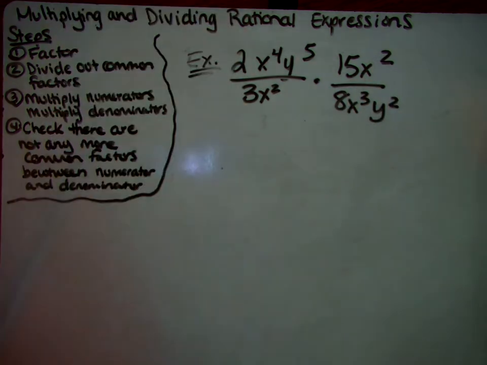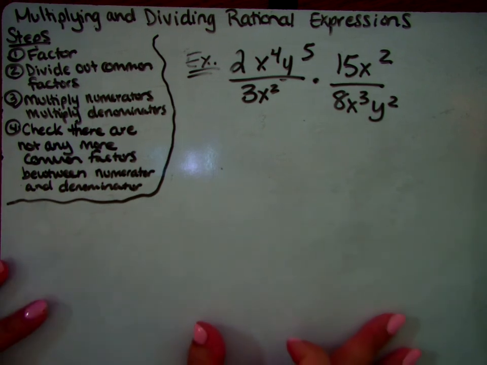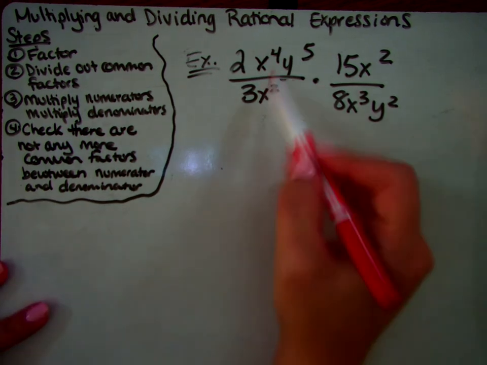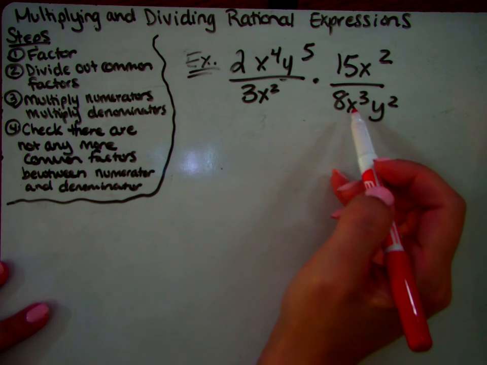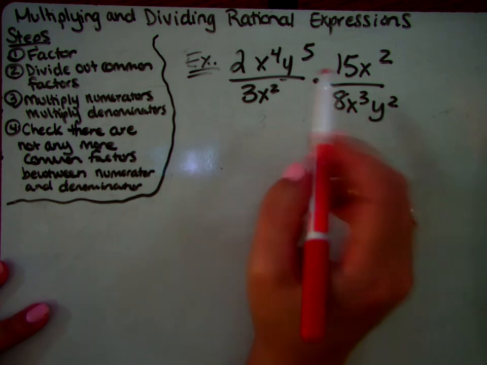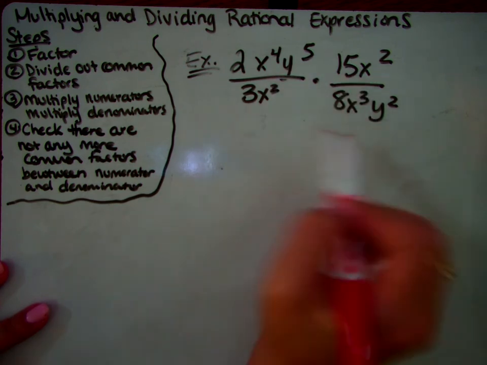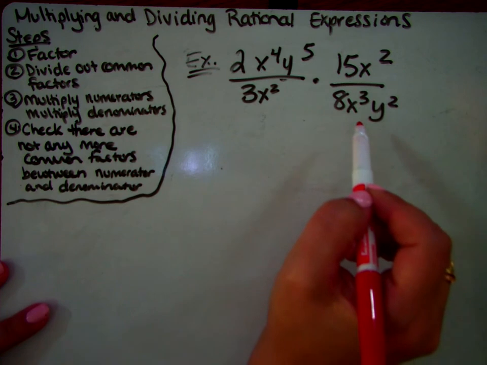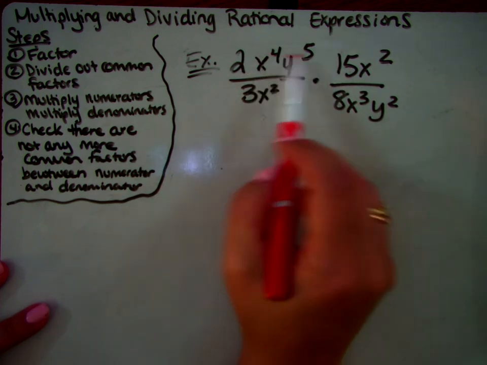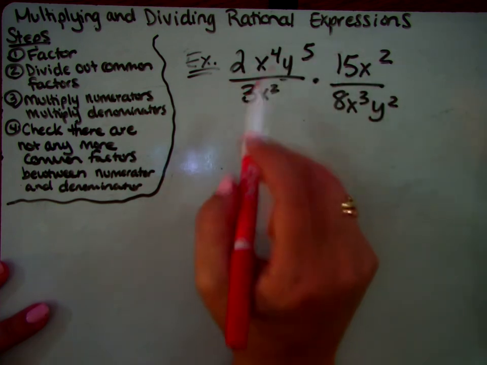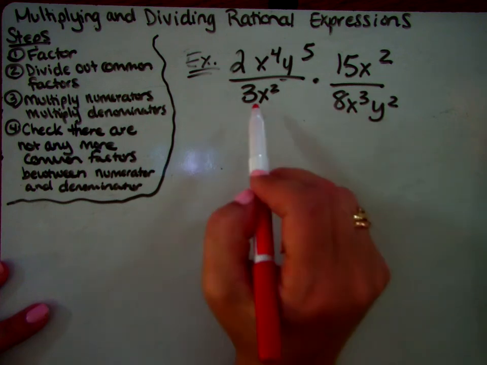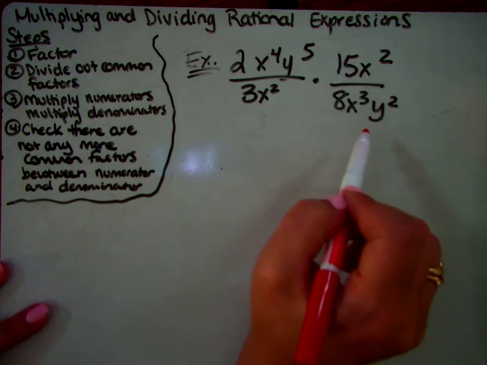So we want to simplify before we start to multiply. These are all monomials, so I can't factor them. Now I'm looking at what can I simplify? What common factors do they share? And I want you to think about this as just one big numerator and this as one big denominator.